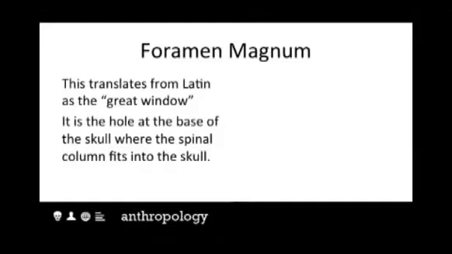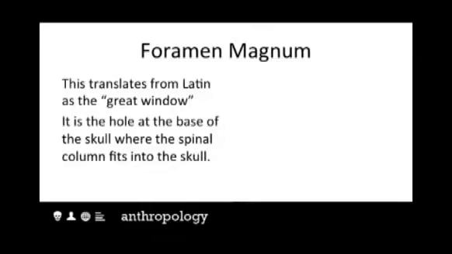tells the story of whether you are an upright walker or what we refer to as a knuckle walker. The foramen magnum is located halfway between the front and back of the skull, so the head is balanced on the vertebral column.